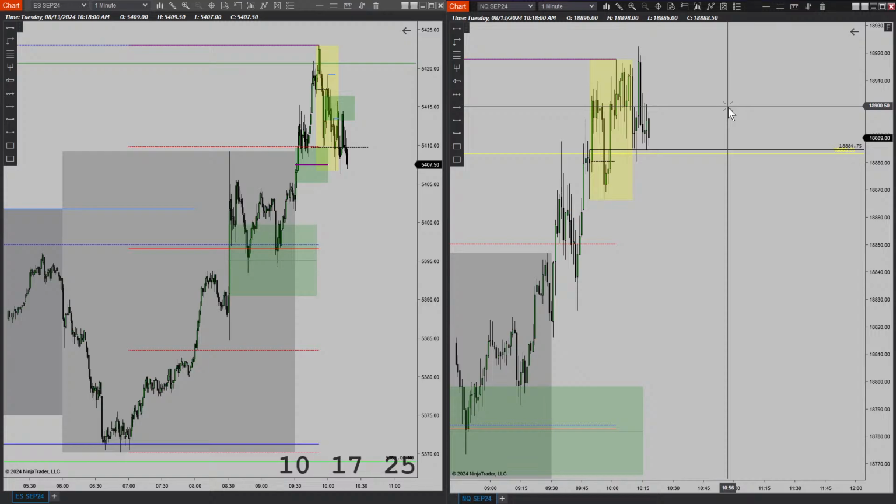And because price is balanced, one way has to give, and when it does, it'll be a pretty good run. So we'll see if it's here or if it's not.